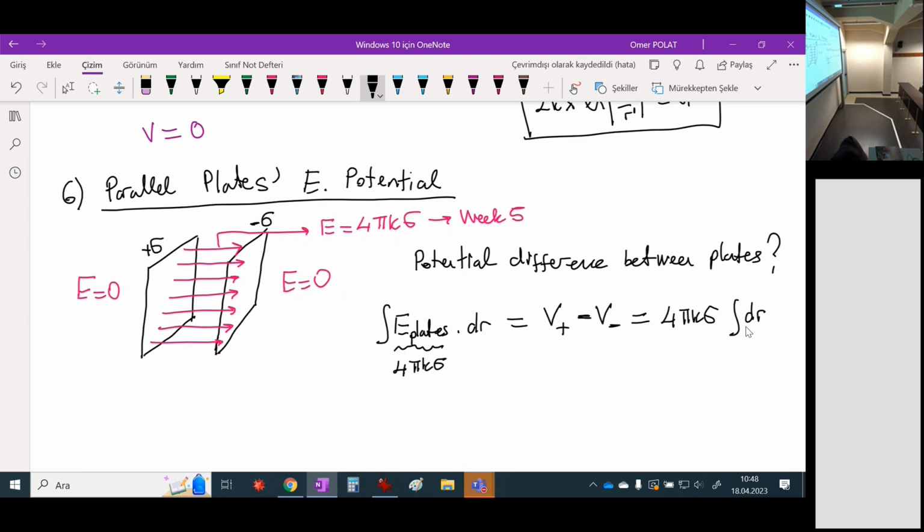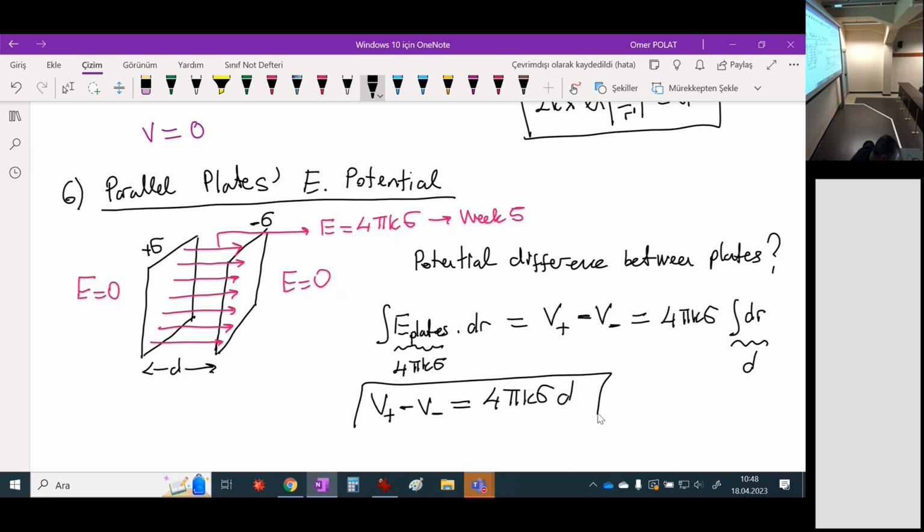Distance between the plates. So this is d, distance d. Integral dr means we are integrating starting from the positive plate to the negative plate. This is d. So the electric potential difference, V plus minus V minus, is given by 4 pi k sigma d.